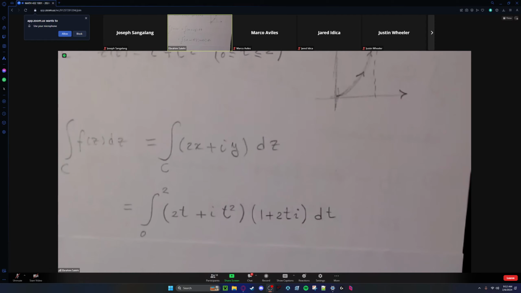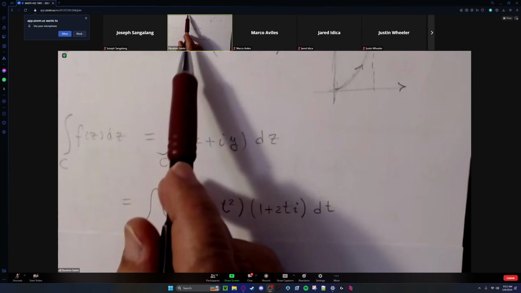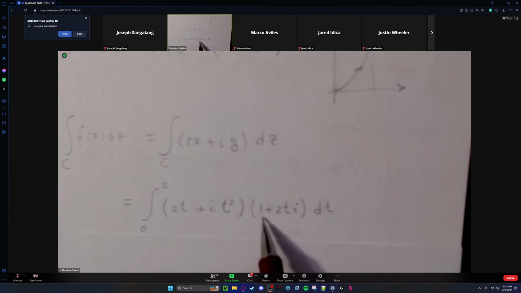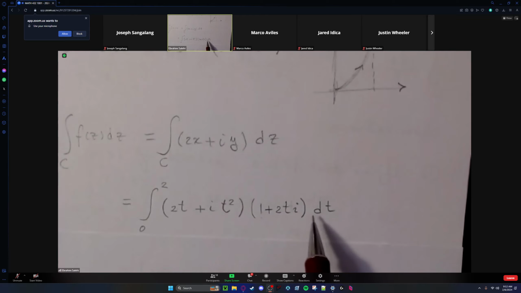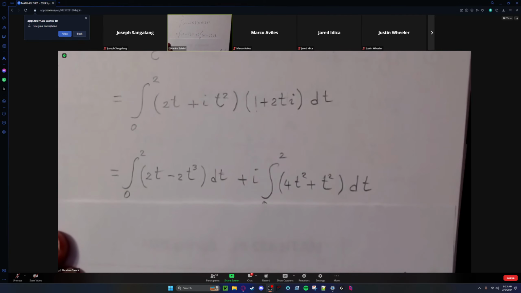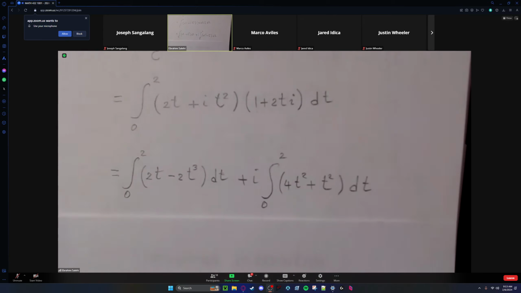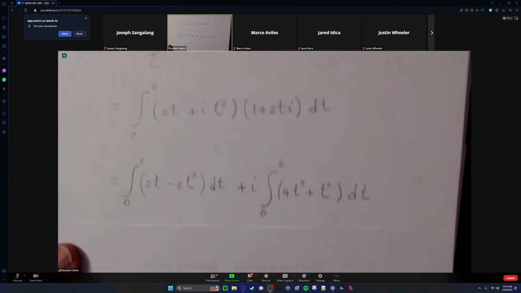What about dz? Oh, well, here is z. dz is z prime dt. So you multiply out and integrate. One way to integrate directly is finding the parameterization and replacing x by the value of the parameter.